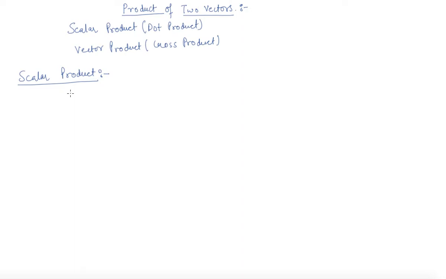Let's say there are two vectors denoted by vector A and vector B. As the name specifies, this is also a dot product. The scalar product is given by A dot B, and the formula for this is mod A into mod B into the cosine of the angle between these two vectors. Let's say this is vector A and this is vector B, and theta is the angle between them.